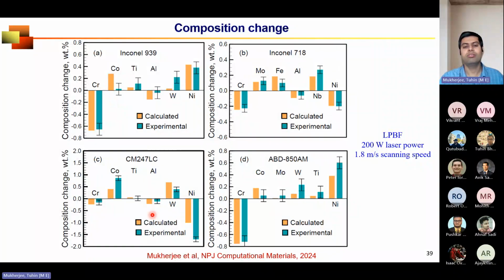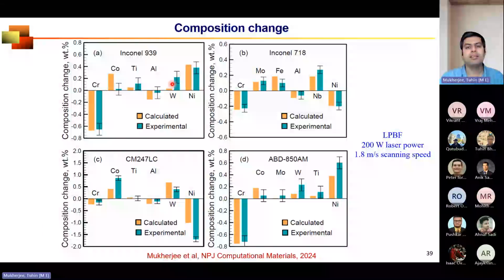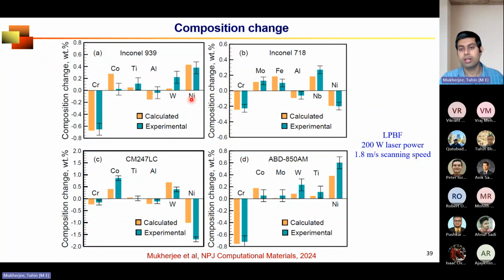And we did calculation for a wide variety of materials, nickel alloys, and you will see that some elements evaporate so significantly that their composition change is negative, like aluminum and chromium, for the example I showed in the last slide. To maintain the composition as 100%, the other less susceptible alloying elements increase.